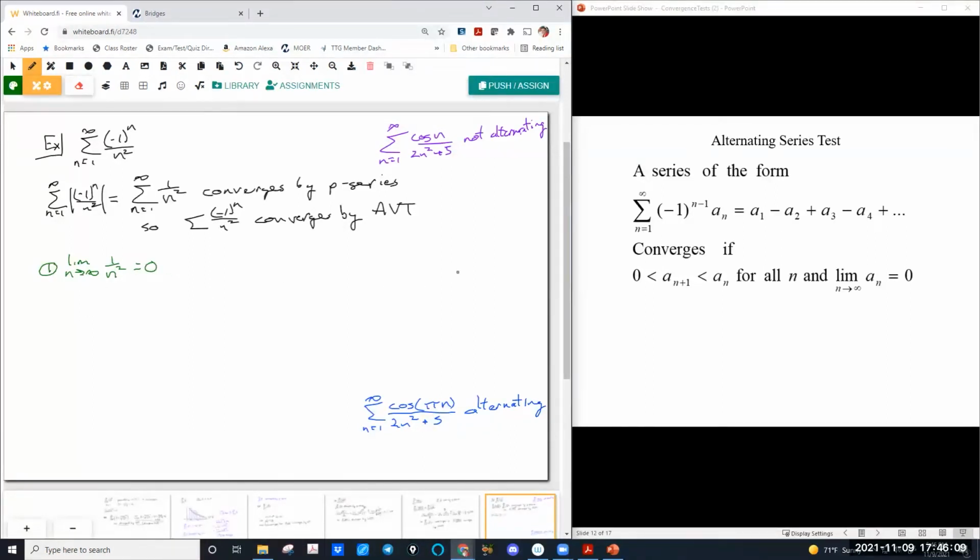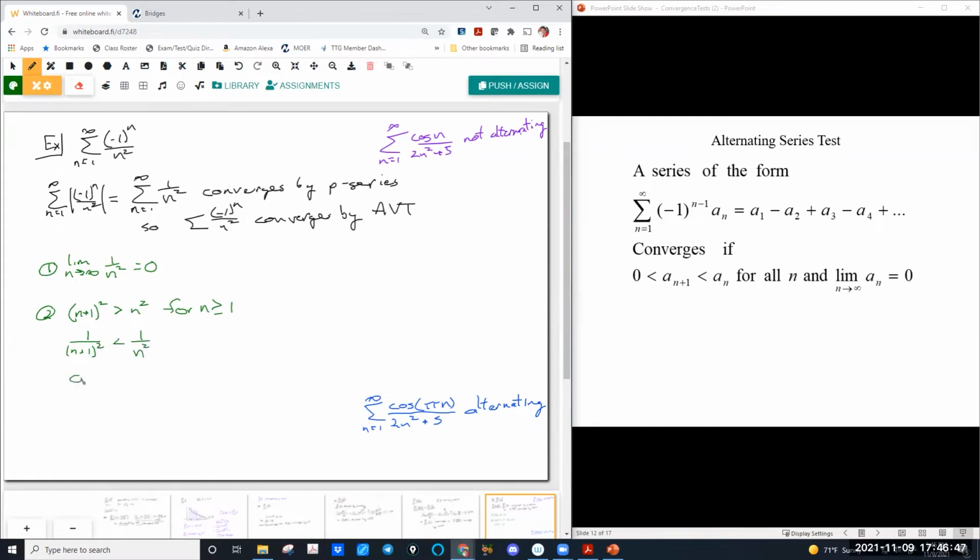And then the other thing that we need to show, well, let's see. We need to compare n plus 1, the quantity squared, with n squared. And again, this is for n greater than or equal to 1. Well, clearly, n plus 1 squared is going to be greater than n squared. Okay. Well, if we flip them both, we got 1 over n plus 1 squared is less than 1 over n squared.